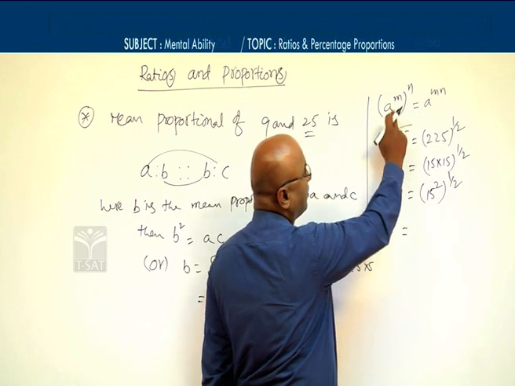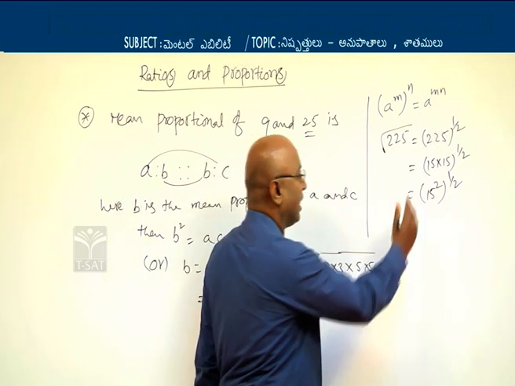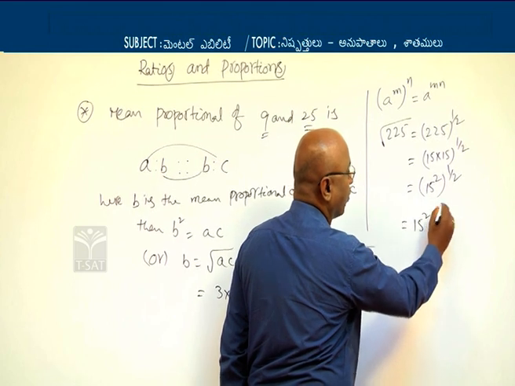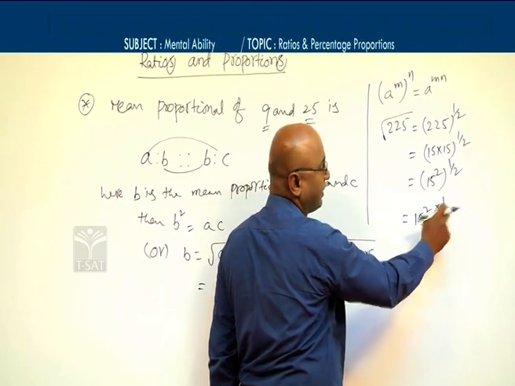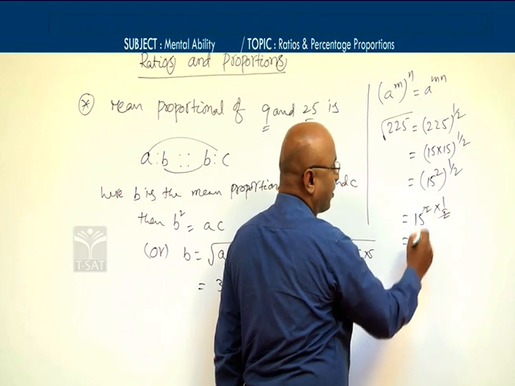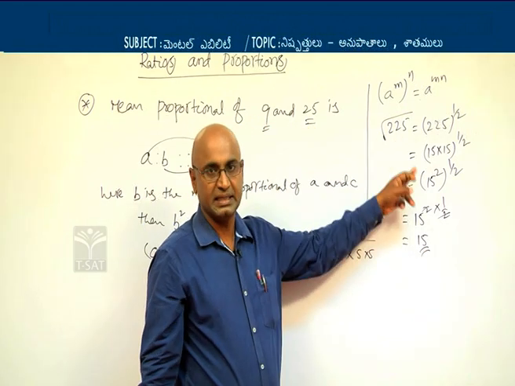Now see the formula, a to the power of m whole to the power of n is equal to a to the power of mn. Now 15 square to the power of 1 by 2, mn is m into n. So 2 ones are 2, 15 to the power of 1, that is equal to 15. So root can be eliminated like this.